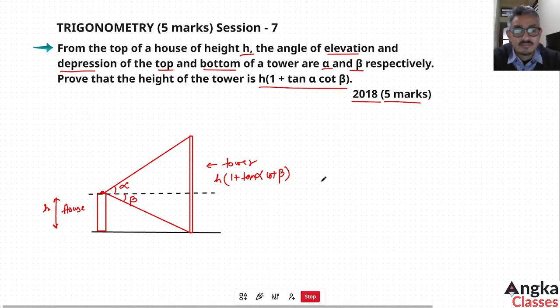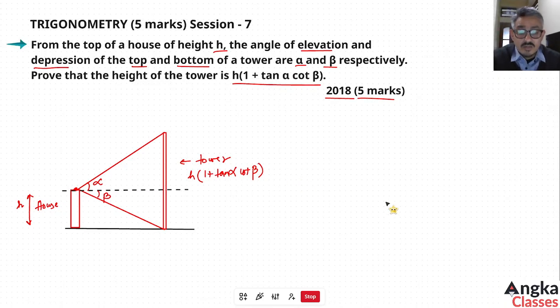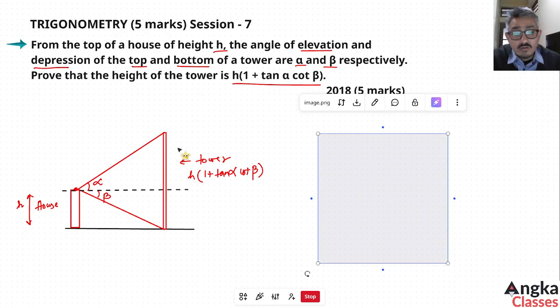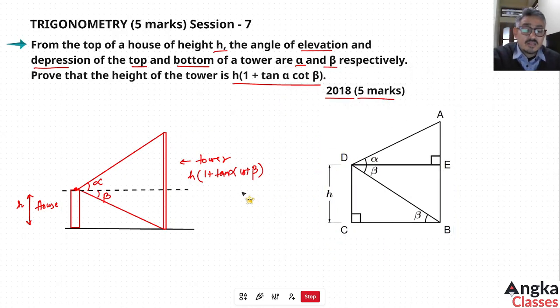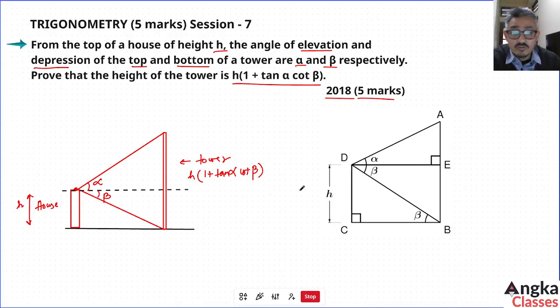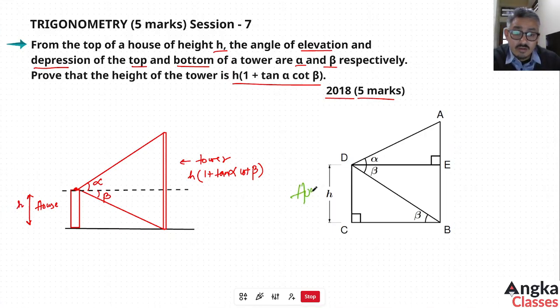Now, in the diagram, let us take this as the house and this as the tower. The angle of elevation is alpha and the angle of depression is beta. Beta and this angle are equal, being alternate interior angles.